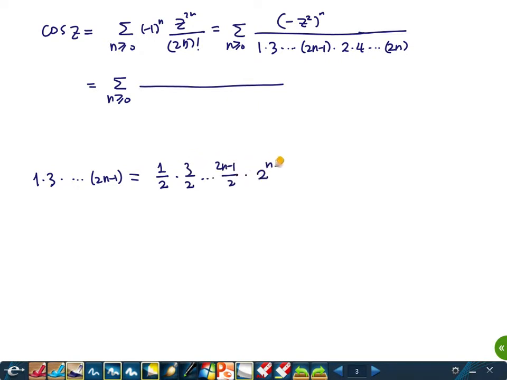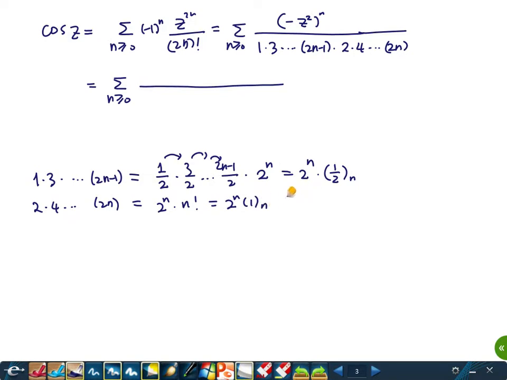And then 2 to the n, right? I just divide this by 2 and then multiply by 2. Now, these are increased by 1 at a time, right? So it's going to be 2 to the n first, and (1/2)_n. So it can be written in this way. We want something like this, something raised to n and a Pochhammer symbol. This is good. And the 2 times 4, this is easier. 2n. We can factor this out, and then n factorial, and of course this is like this. Okay?